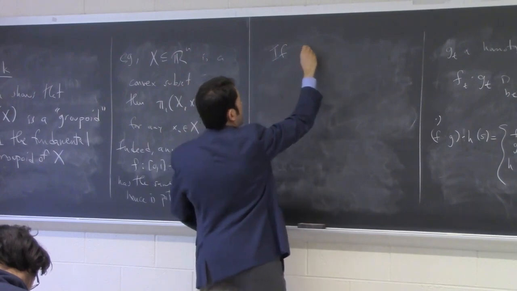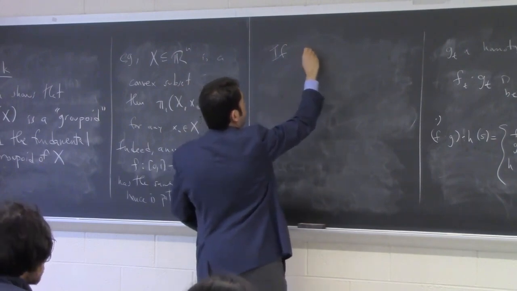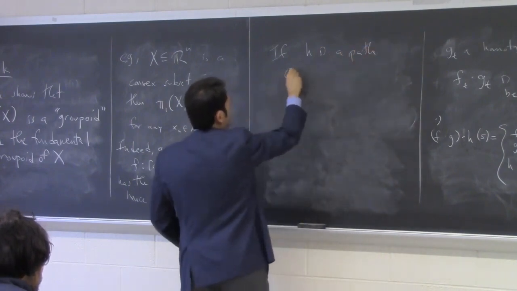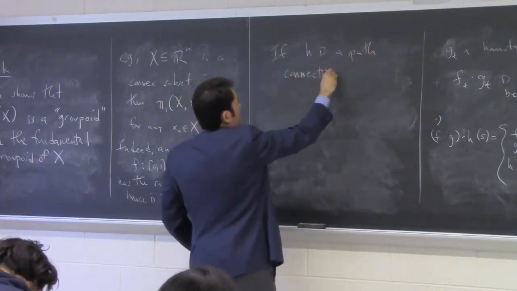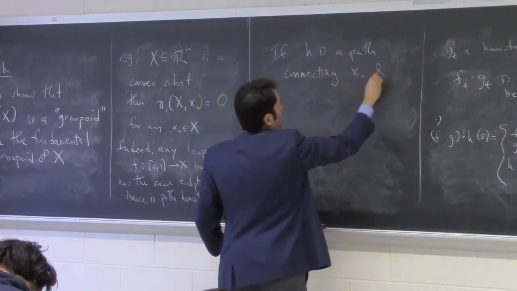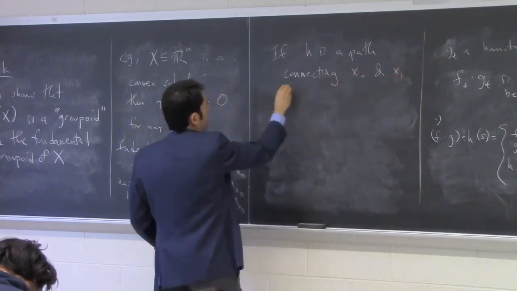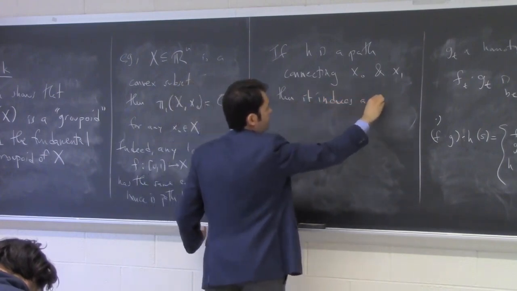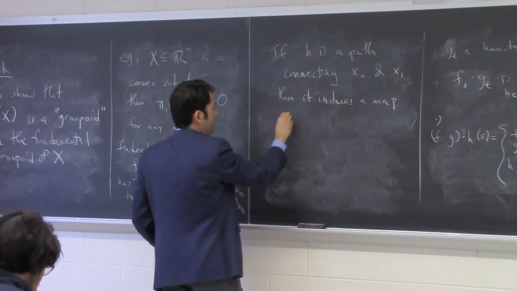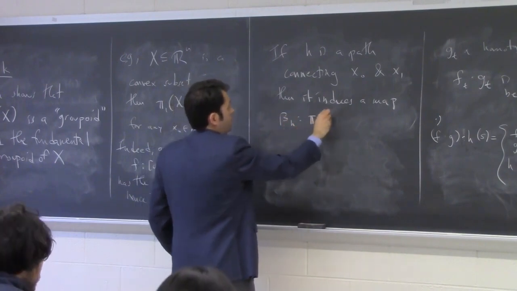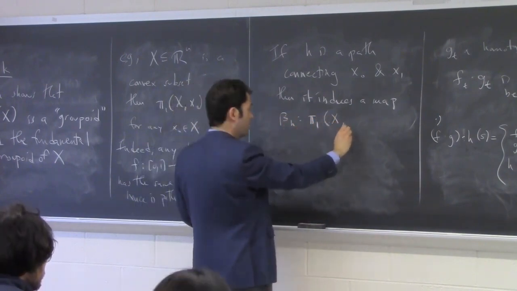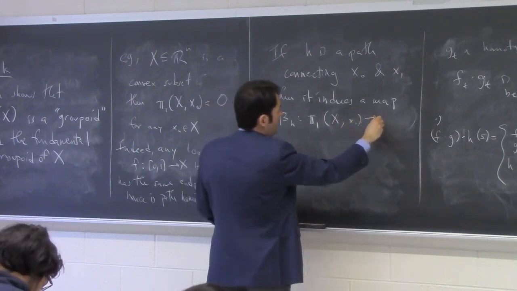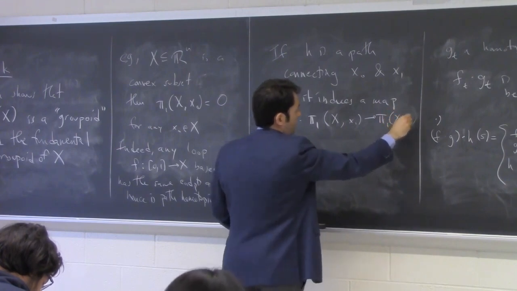If H is a path connecting x0, x1, then it induces a map, let's call it beta H, from pi1 of X at x1 to pi1 of X at x0.